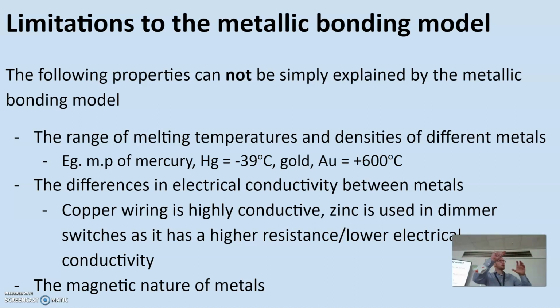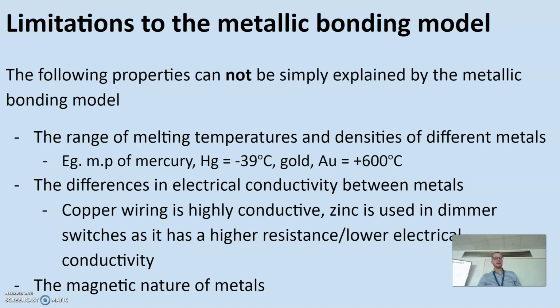So what you're doing as you're dimming that is you're actually increasing the length of zinc that the electrical circuit's going through. Longer piece of zinc, we're increasing the resistance, you're decreasing the amount of current going through the rest of the circuit. Decrease the length of zinc, you're increasing the current that goes through the circuit, and you have brighter light bulbs.